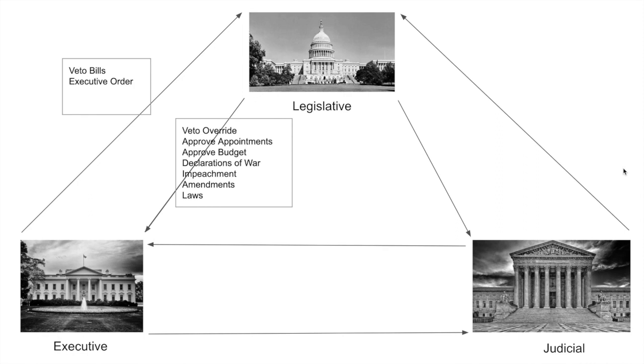Next up, this one is iffy. If you want to put a question mark next to that, I am not averse to it. Declarations of war. As we discussed in the executive branch chapter, it used to be that the president always had to go to the legislative branch in order to declare war. That is not really the case anymore with the use of those AUMFs, those authorizations for use of military force. That has changed things to the degree where the president doesn't really need Congress's approval anymore.